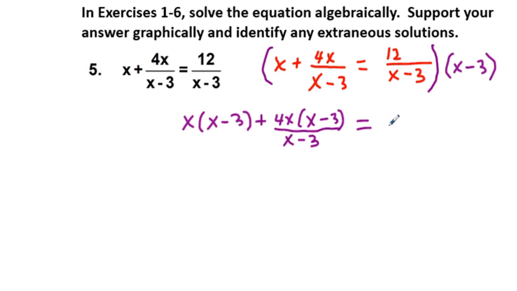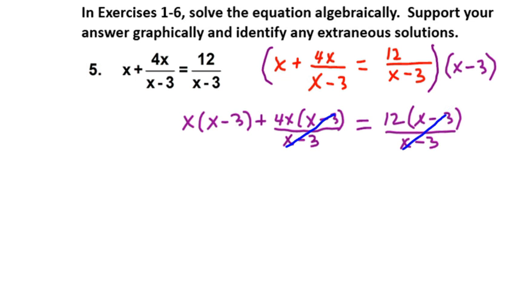And then equals 12 times x minus 3 over x minus 3. And what do we have here? On the left side, x minus 3 over x minus 3 cancel, equal 1. On the right side, x minus 3 over x minus 3 cancel, equal 1.